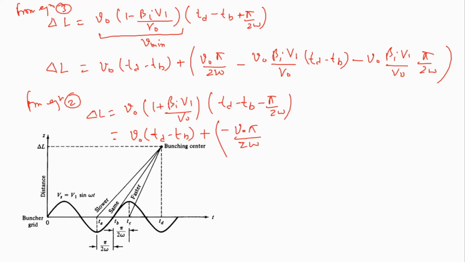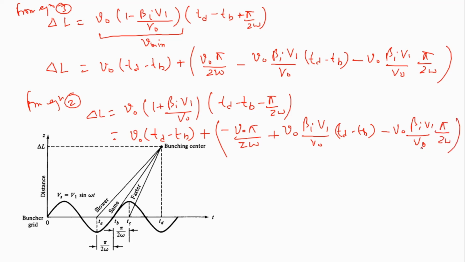Again you take V0 into beta I V1 divided by V0 into TD minus TB, so plus V0 into beta I V1 divided by V0 into TD minus TB. The next one, minus V0 into beta I V1 divided by V0 into pi by 2 omega.